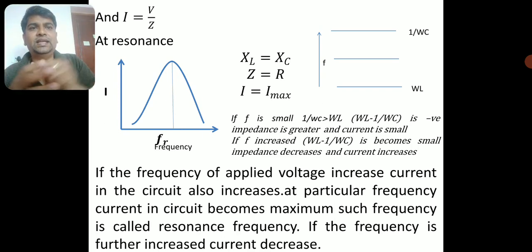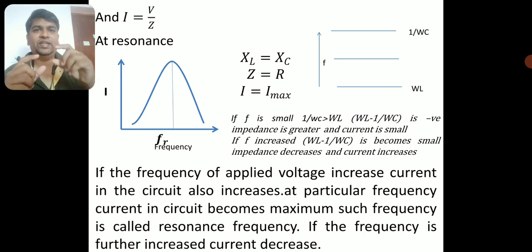When XL is equal to XC, XL is omega L and that is equal to 1 by omega C. Omega L is 2 pi FL and 1 by omega C is 1 by 2 pi FC. Okay, so you cross multiply, F becomes F square, and 2 pi whole square, and 1 by LC.